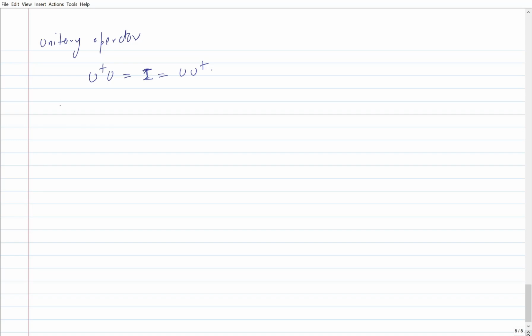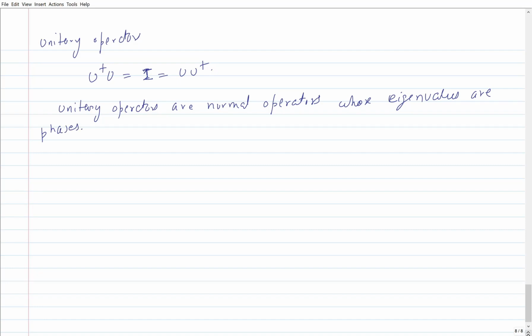So essentially unitary operators are normal operators whose eigenvalues are phases. Well, how do you show this?